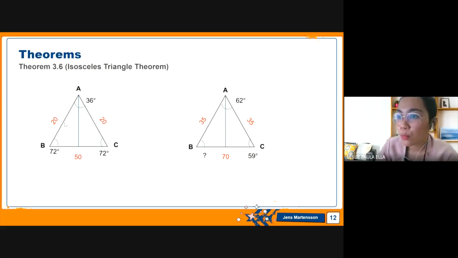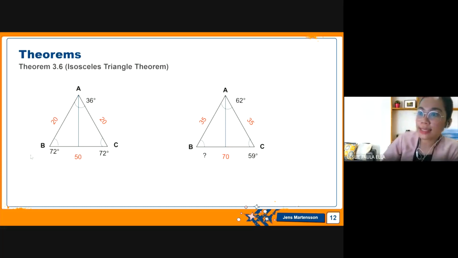So we have formed triangle A, B, M, and triangle A, C, M. So there are two triangles, okay? And its value now is 90 degrees. So below 36 degrees, this part is 90 degrees. And it is also congruent to the other side, right?